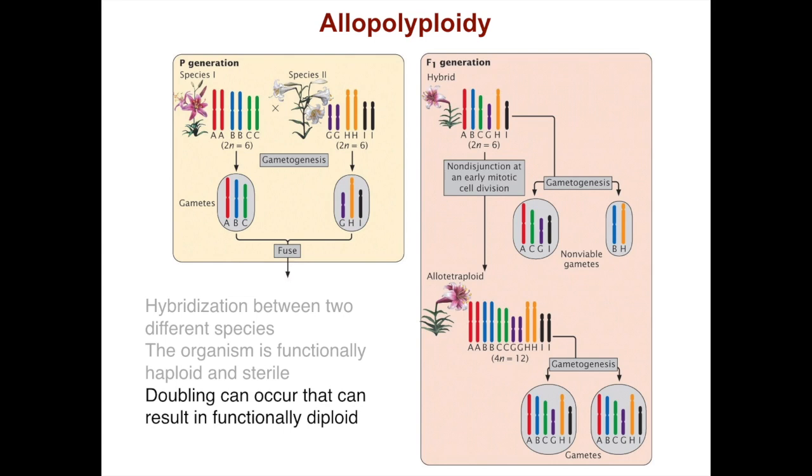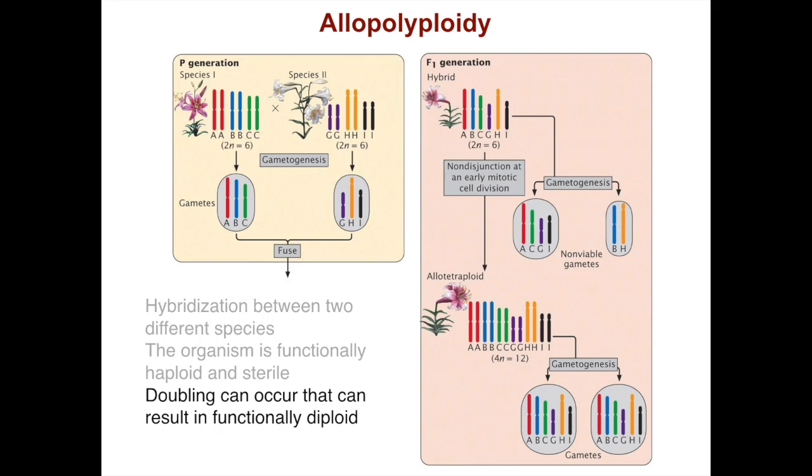But if there is a non-disjunction at an early mitotic cell division, you can get the production of an allotetraploid, which has 4N, therefore 12 chromosomes in this case. And then this allotetraploid can produce a full set of viable gametes, here marked A, B, C, G, H, and I.